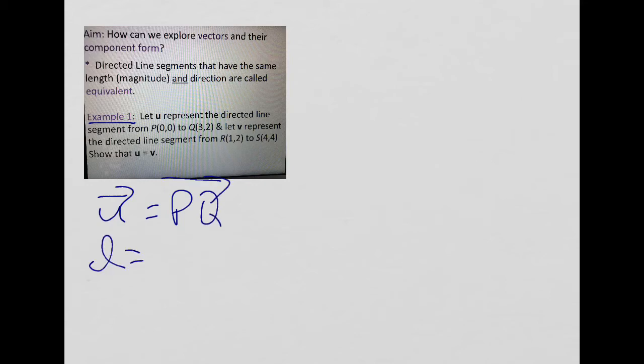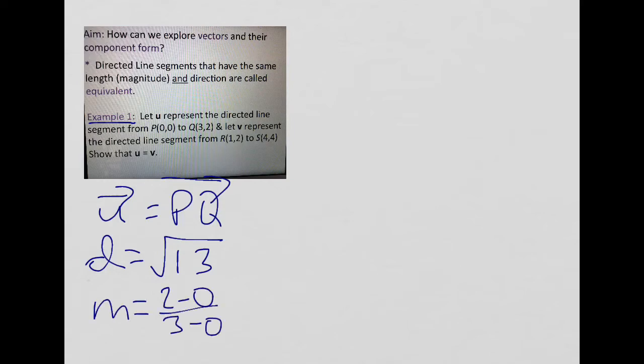And the distance should have been the square root of 13. And our slope, if we were to find the slope between these 2 points, you may or may not have done it in the do now, easily comes to 2/3. I say easily because we do know how to find slope.